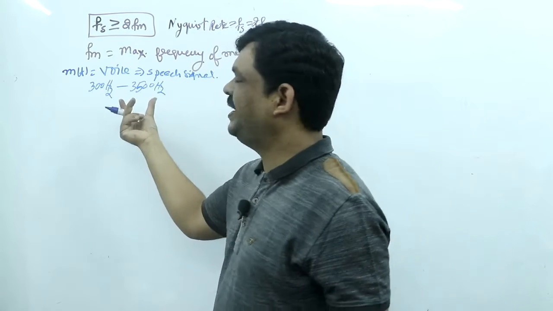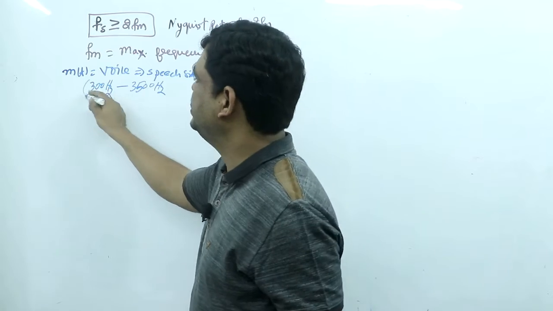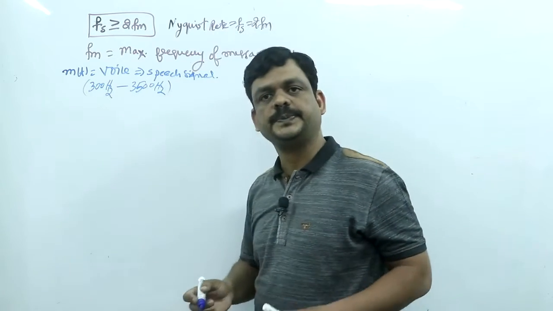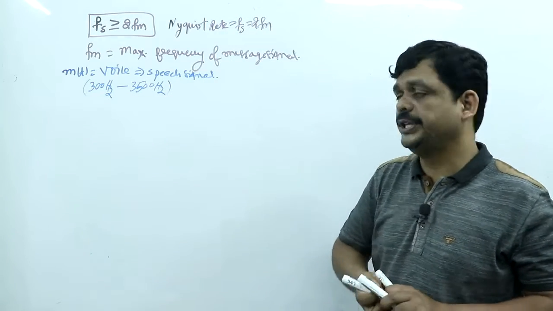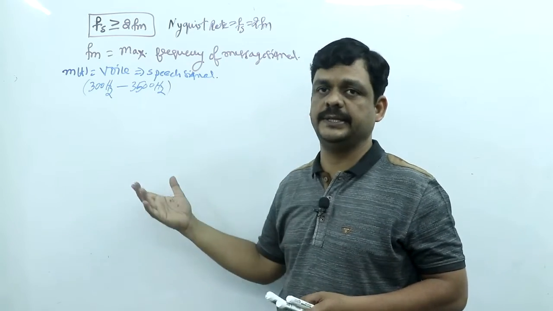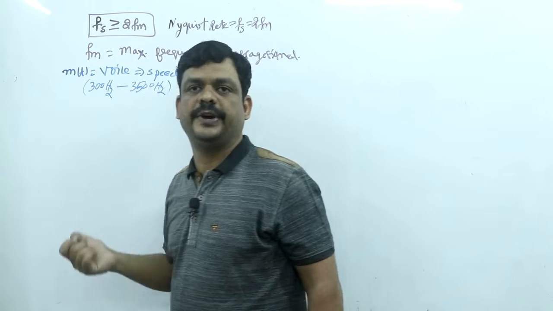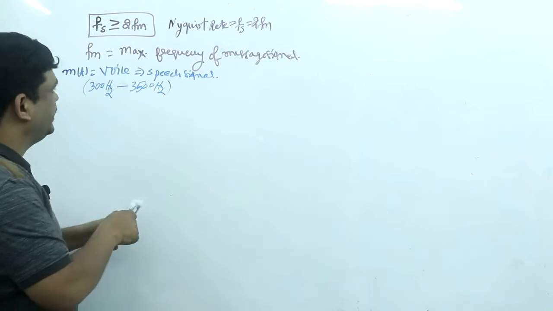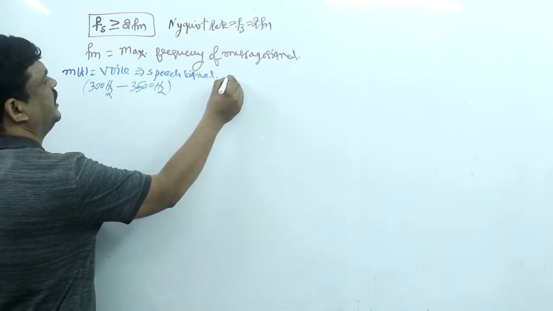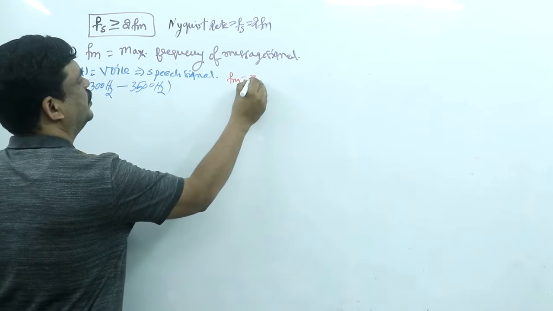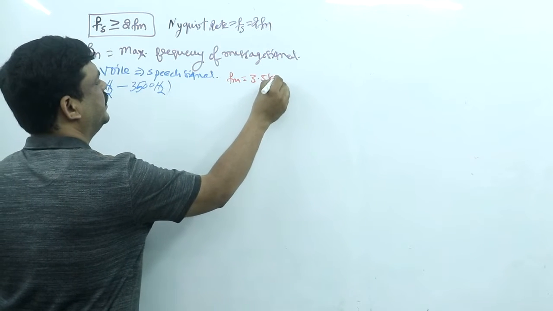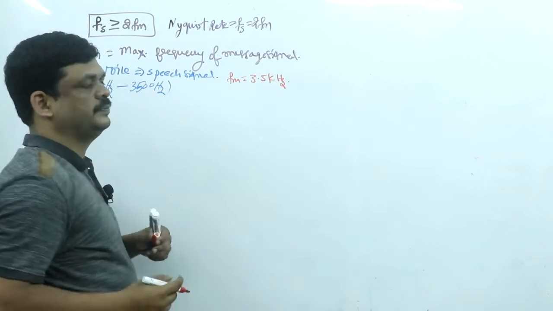So what is the maximum frequency here? 3500 hertz. So the maximum frequency of the signal is Fm equal to 3.5 kilohertz.